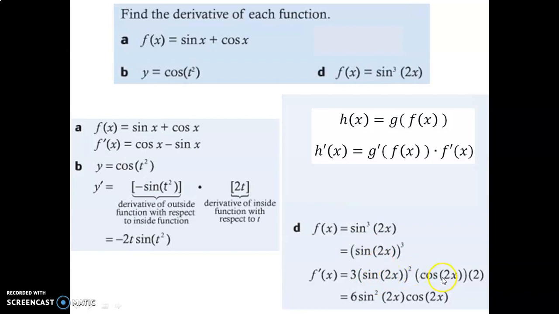Then we multiply by the derivative of the inner function, and the inner function is sine of 2x, and the derivative of sine is cosine, so there's cosine of 2x. But then we have a function in there as well, so this is actually double chain rule. Super exciting. We have a function within a third function. So again, outer function multiplied by the derivative of this one, but this one also has a function in there, so now multiply by the derivative of that, which is this 2. And then it simplifies to that.